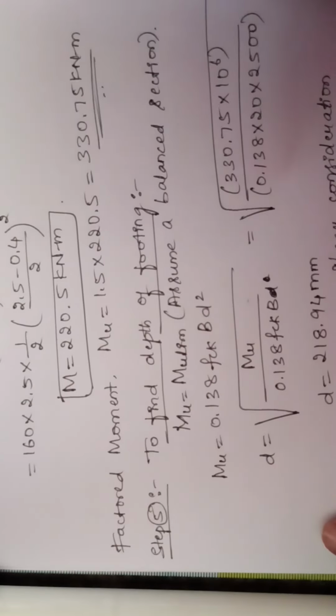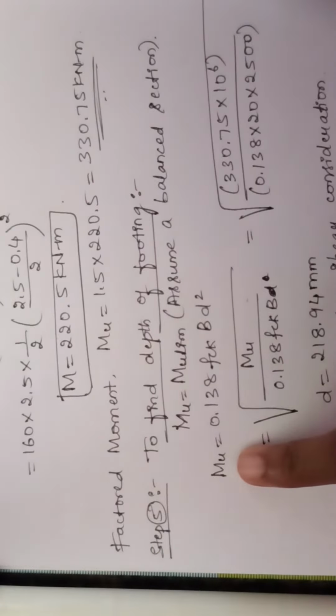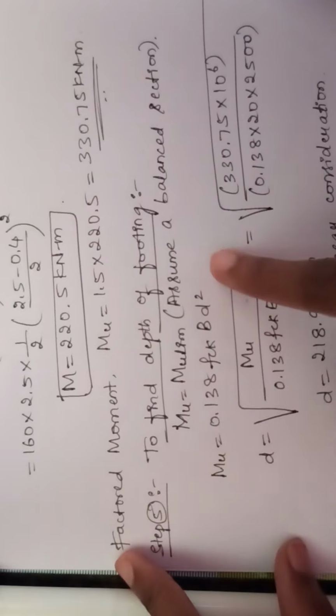In the next step, we have to find the depth of the footing. For finding that, we first have to assume the section of our footing is coming under the balanced section. In the balanced section, the ultimate moment will be equal to the limiting moment. So by considering that condition, we adopt the limiting moment formula for Fe415 grade steel, and the formula is 0.138 fck into B D square.